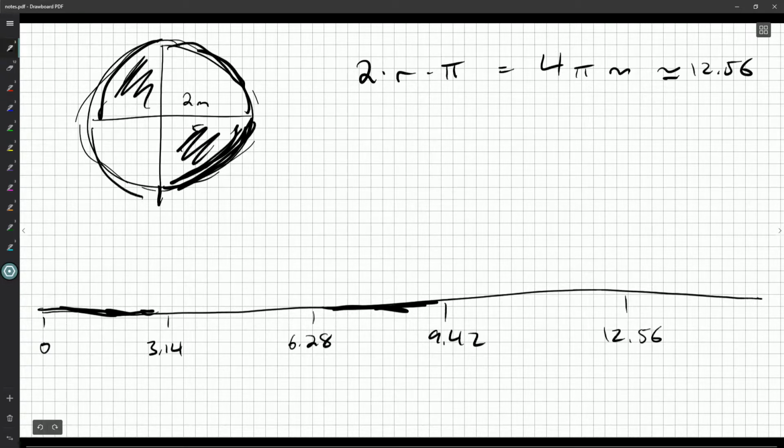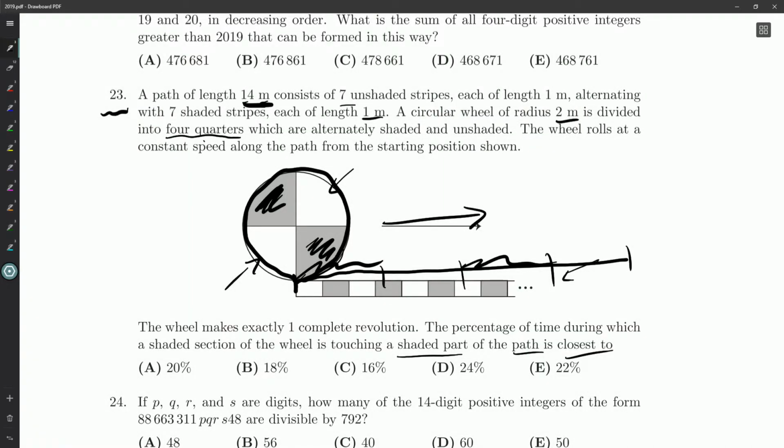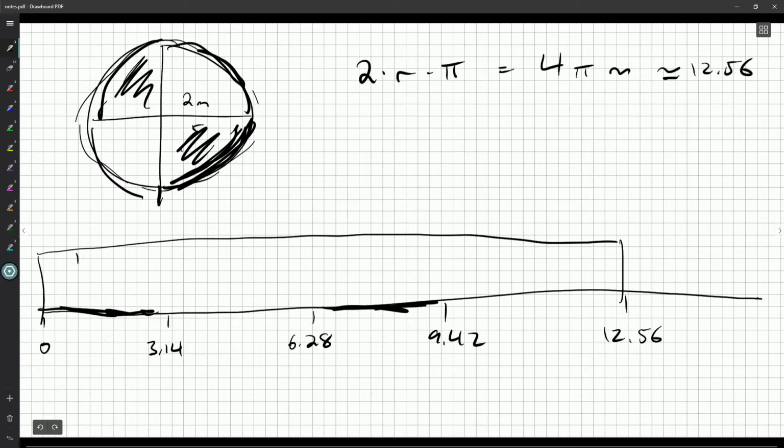Okay. Now, what does the path look like? Does it start shaded as well? No, it starts unshaded. So from 1 up to 2, it'll be shaded, and so it shades starting with every odd number.